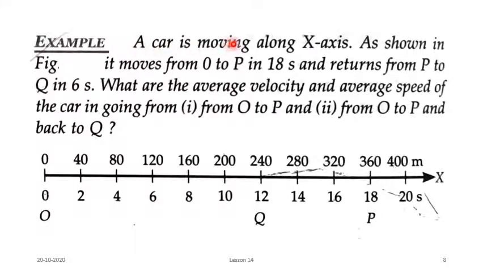A car is moving along the x-axis. This is your x-axis. As shown in the figure, it moves from O to P in 18 seconds. The car moves from this point, which is your O, to here.